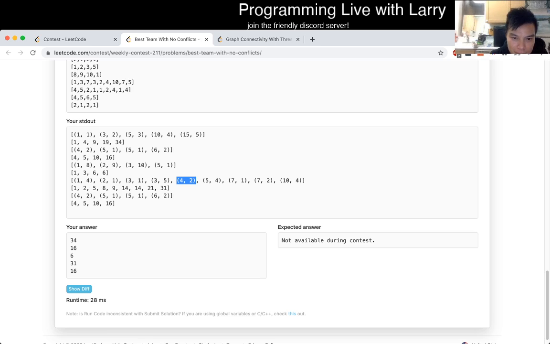No. At 7, 1, we have to go all the way back to here. So this should be 12, maybe.